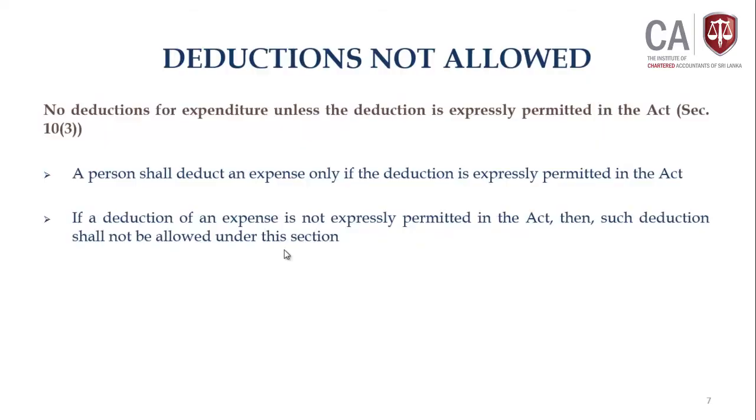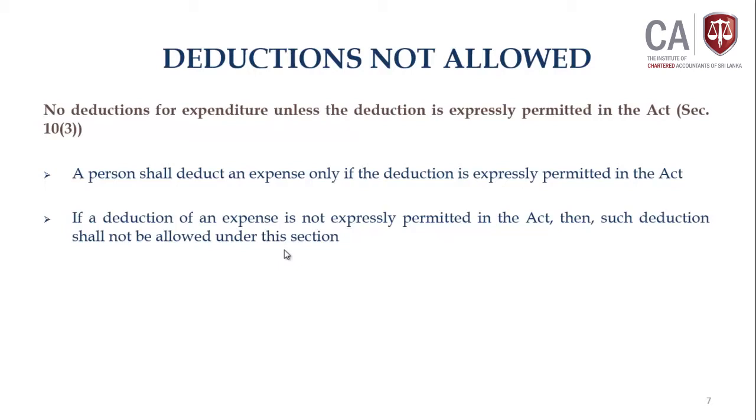You find the Act, advertisements are not disallowed in the Act. If it is not disallowed, it does not mean you can claim. For you to deduct an expenditure, there must be an express provision in the Act.